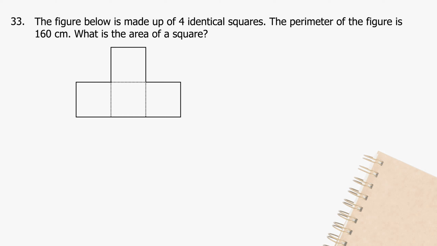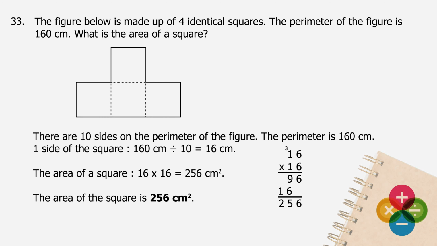Question 33. The figure below is made up of 4 identical squares. The perimeter of the figure is 160 cm. What is the area of a square? There are 10 sides on the perimeter of the figure.